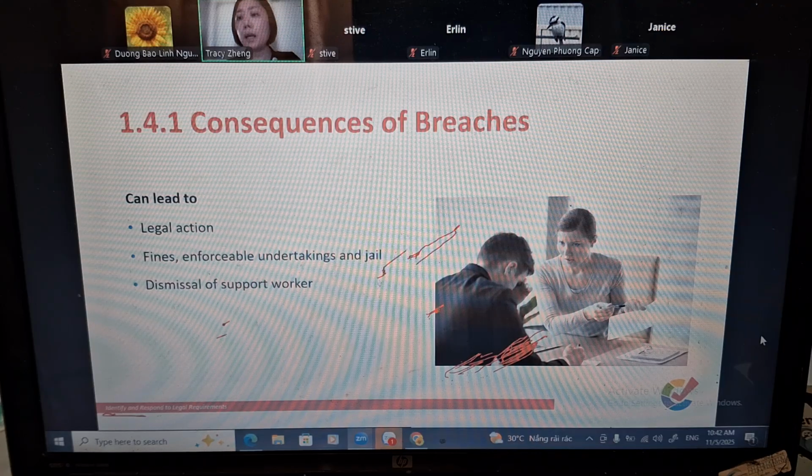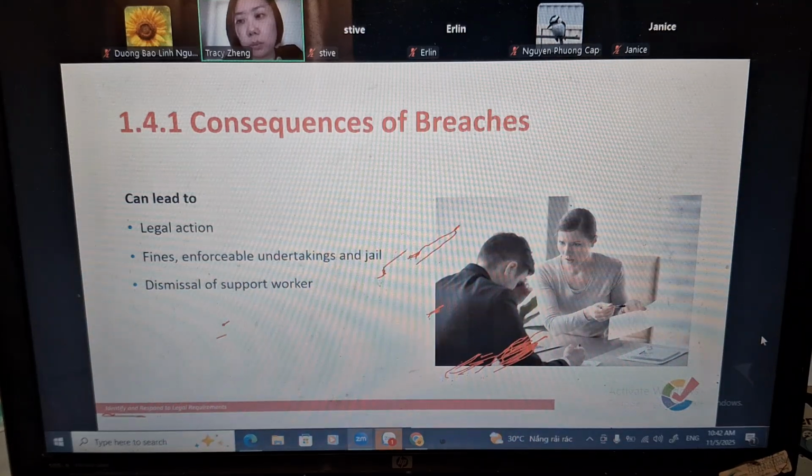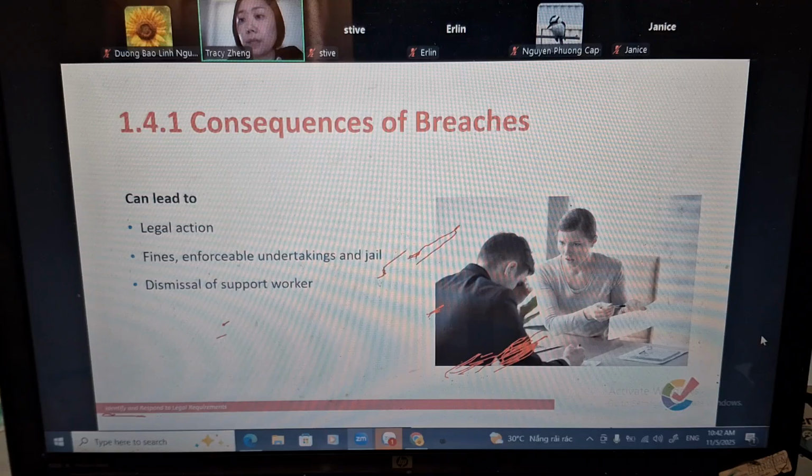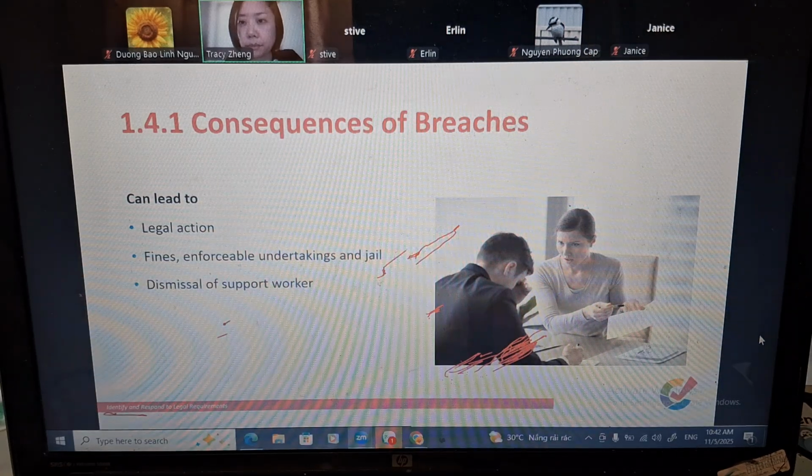They will need to pay fines to the governments, or even face enforceable undertakings and go to jail, right? This is really the worst case. Or some staff may get dismissed or have their contract terminated by their supervisor if we breach any of those legal requirements. So that is really serious.